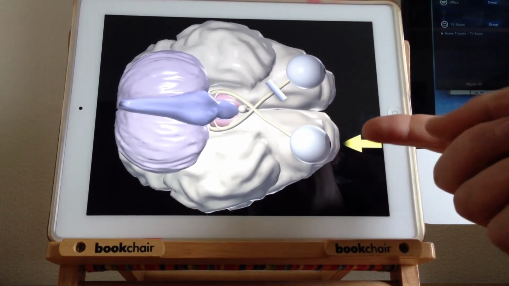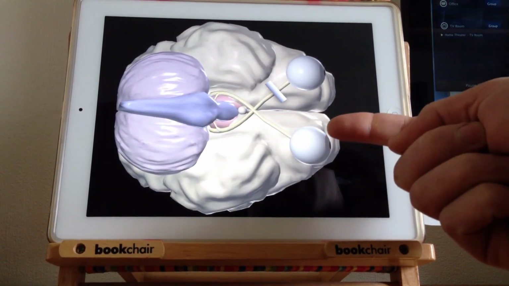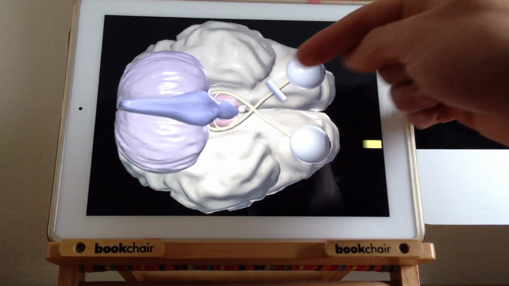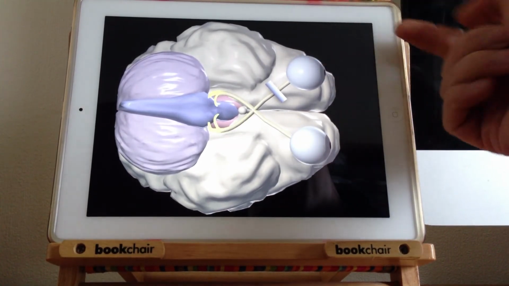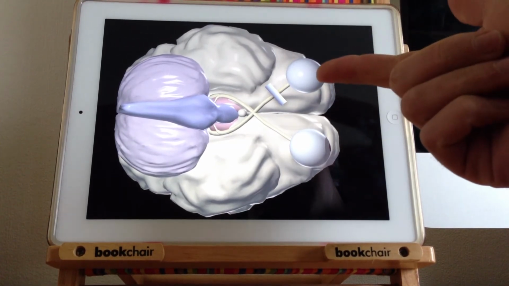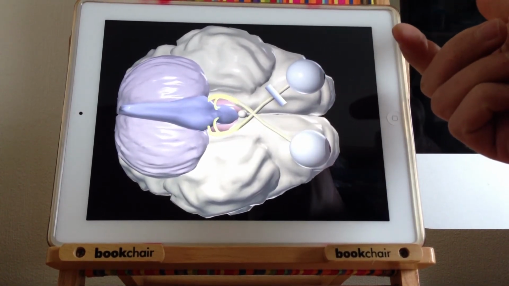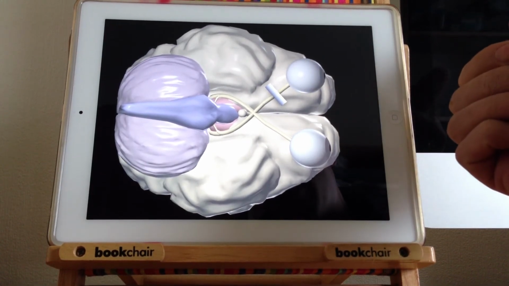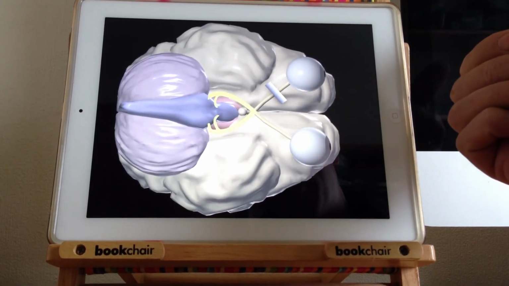Now if we're looking from below, this is the patient's left eye, so this is the opposite side from the patient we just examined. But the patient's right eye, if the optic nerve has been cut or injured, then the signal doesn't go through. Whereas on the patient's left eye, the signal goes through and we get the pupil reactions.